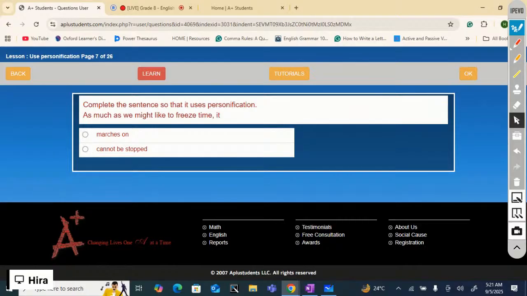Well, if you select cannot be stopped, as much as we might like to freeze time, it cannot be stopped. These are just simple words. They do not add meaning to the use of personification.